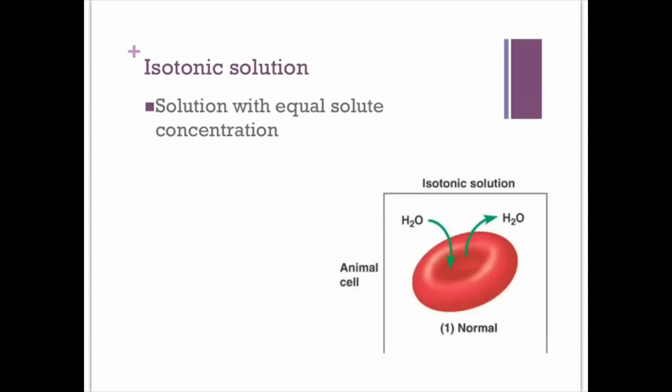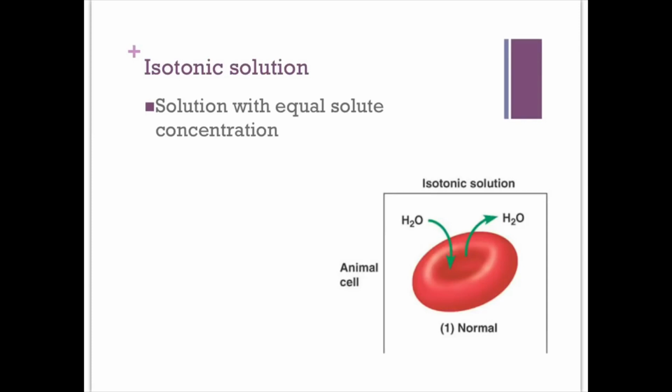When I think about cells and where water is going to move, I have to compare the concentration of the cell and the outside of the cell. If a cell is in an isotonic solution, that means that the solutions have an equal solute concentration.